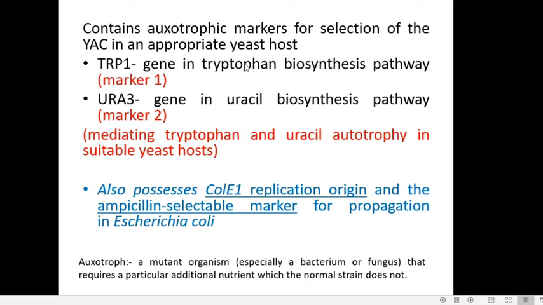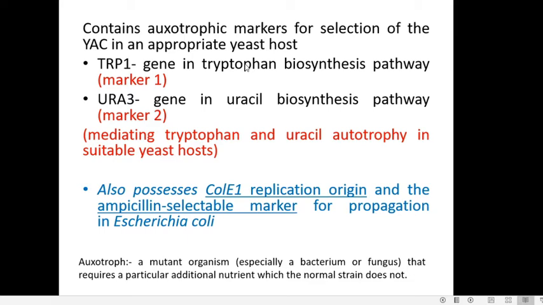A cell which has not taken up the vector, or YAC, is a normal host cell. It is a non-transformed cell. Since it is a mutant and has not taken up YAC, it will not grow in your medium which is deficient in tryptophan.